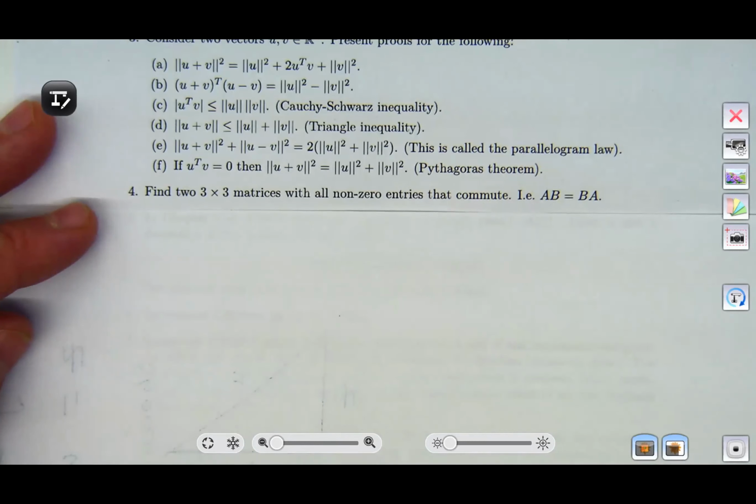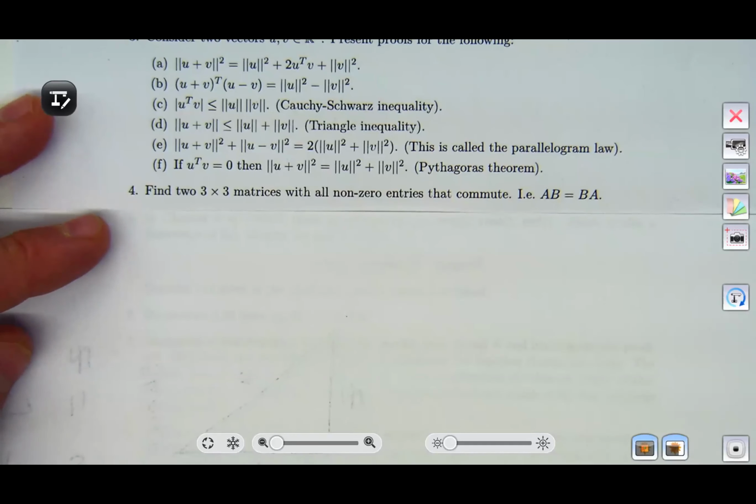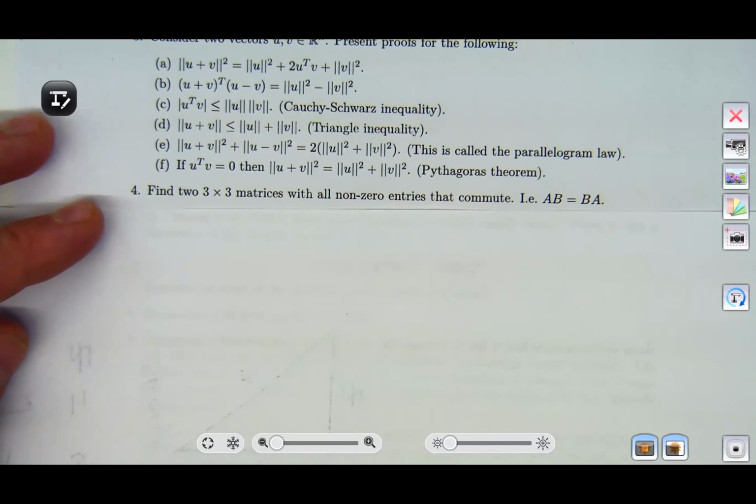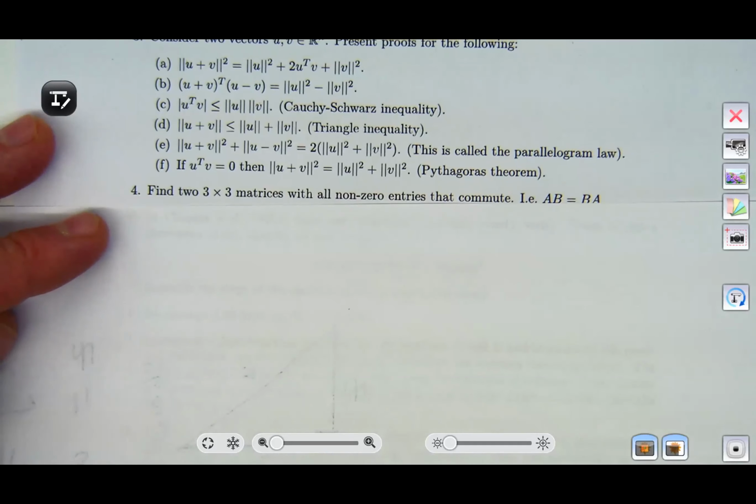In general, AB is not equal to BA. So probably most of the time, any random choice is not going to give you something commutative, I would guess, unless you're lucky. So you might have to think about some particular kinds of matrices and then simplify some of the terms even further.